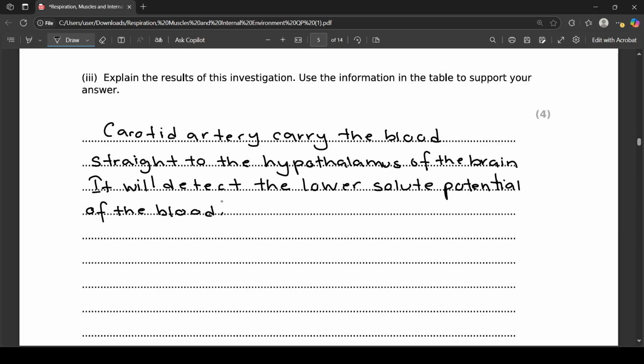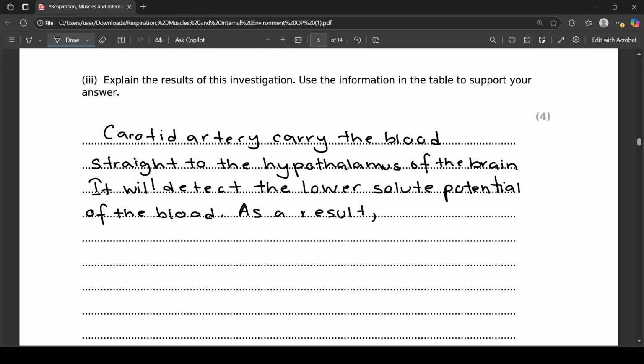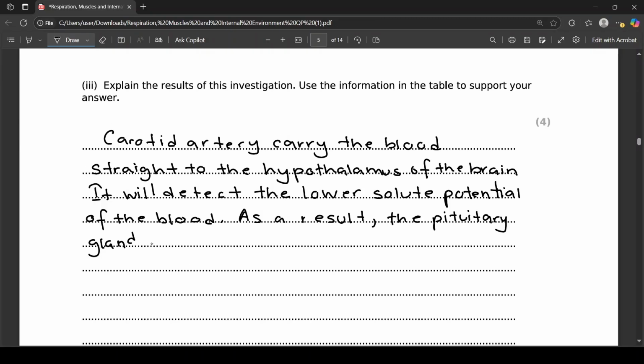As a result, the pituitary gland will release ADH.